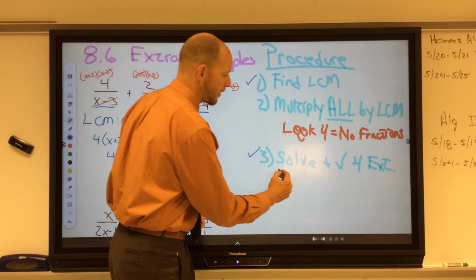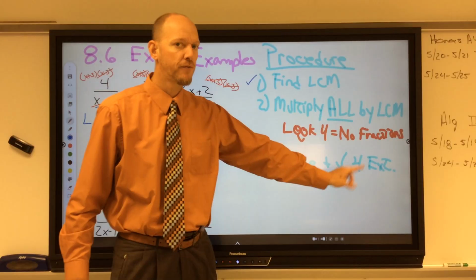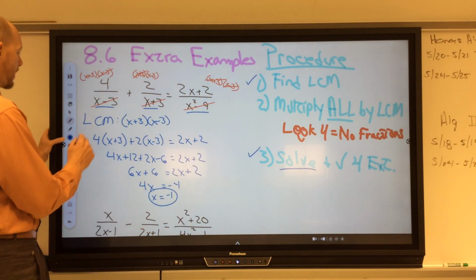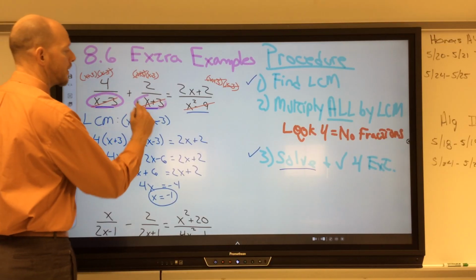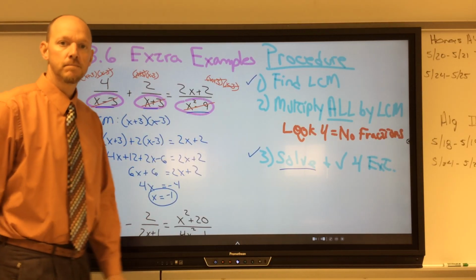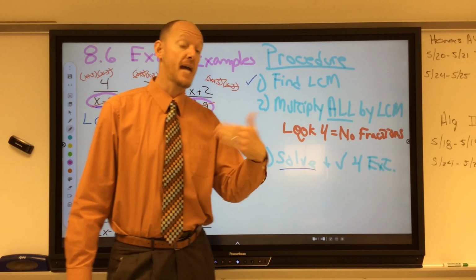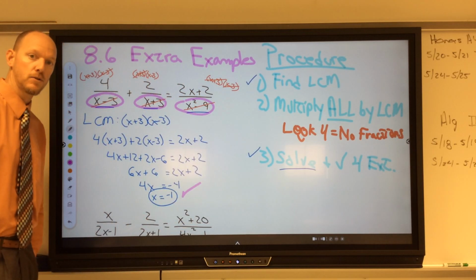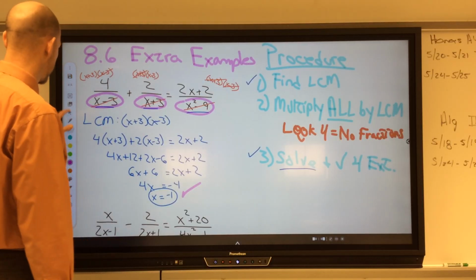Last step, it says solve, and then check for extraneous solutions. So I want to make sure this value of negative 1 doesn't give me a 0 in any of my denominators. Since negative 1 gives me an actual value, not a 0, it checks off. That is my solution to the first example.